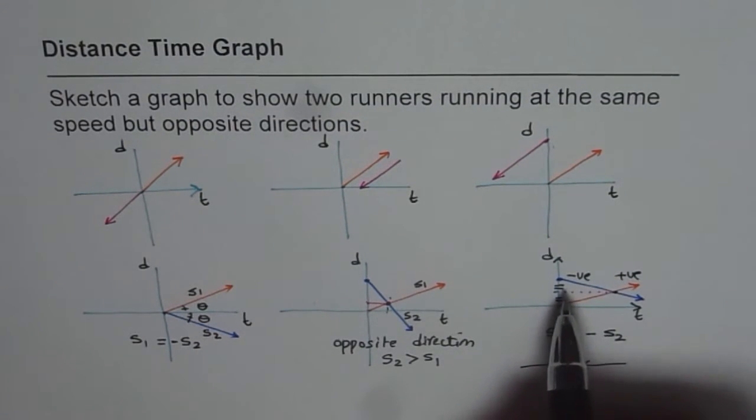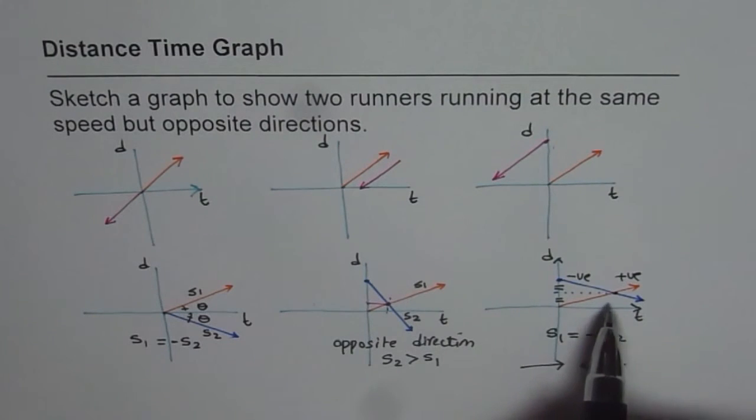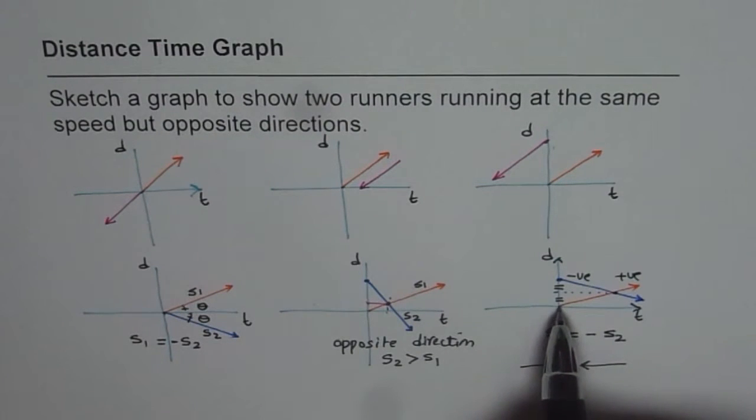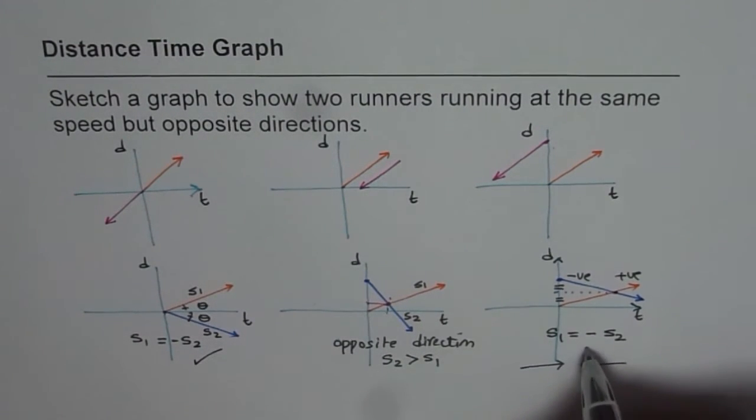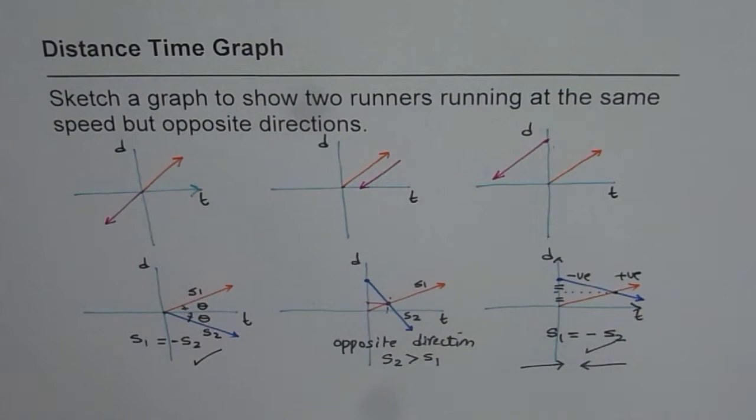So you can think about it like runner 2 approaching the source and runner 1 going away from the source. But they are, let us say, a few kilometers away, then they will meet right in the center since their speeds are the same. I hope that is absolutely clear and you understand now that we have two scenarios right here which represent the situation that two runners are running at the same speed but in opposite direction, right?